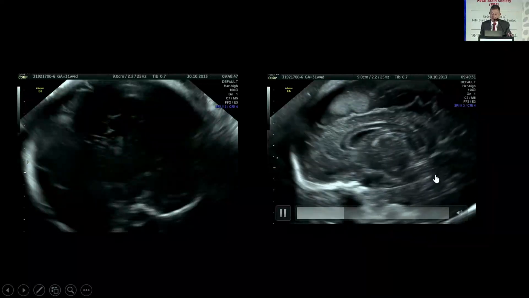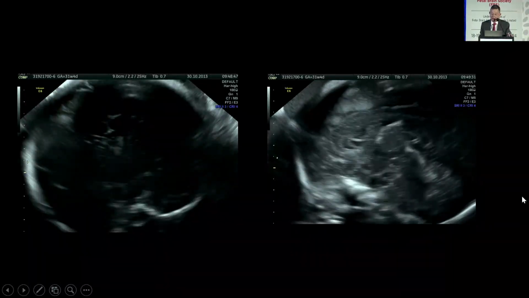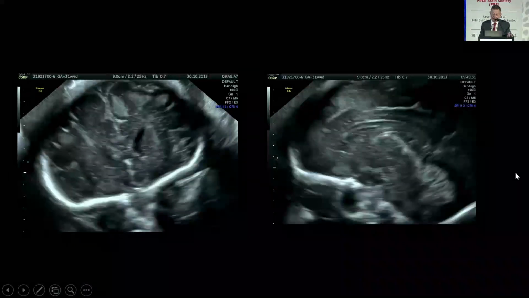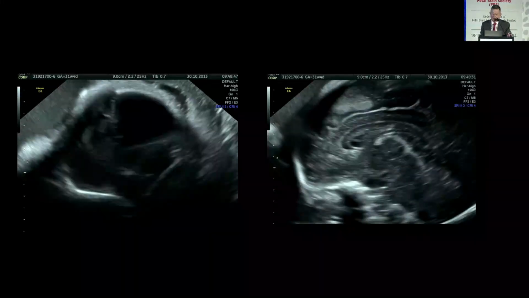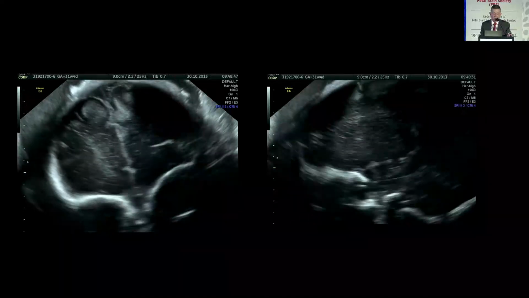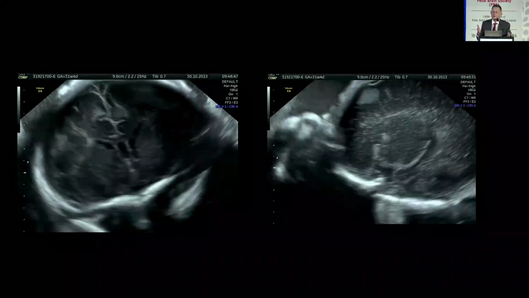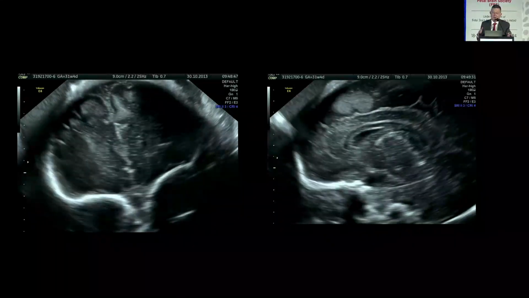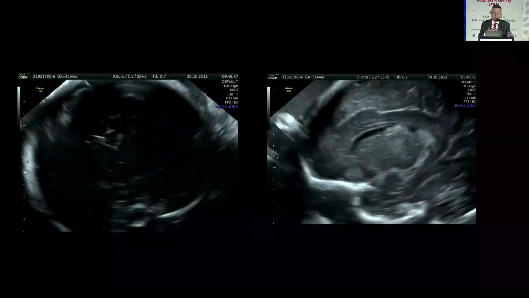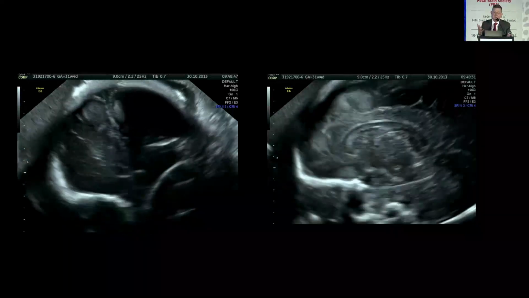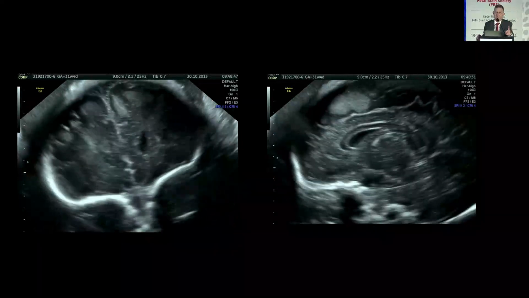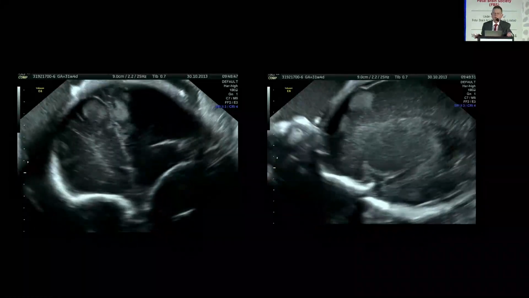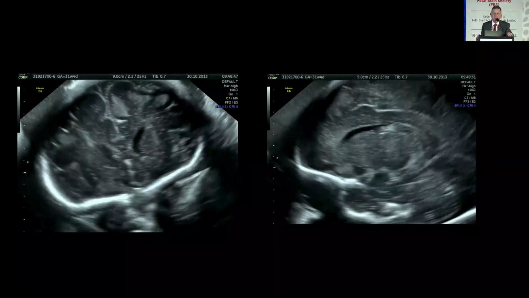And now this is another case again, before we had the possibility to make a genetic diagnosis. But this is a fantastic case because it was a referred case. The diagnosis was made in another hospital, and they were rhabdomyomas. And the ultrasonographer, who is now the director of one of the units in Israel, was completely sure that there is tuberous sclerosis.